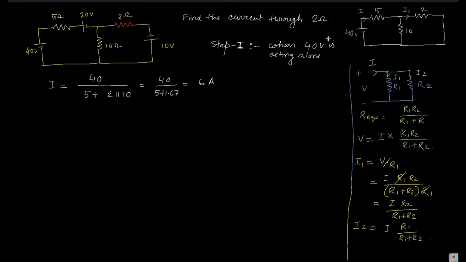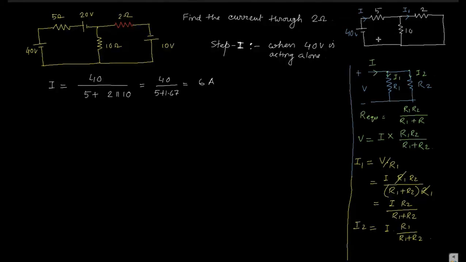So if in this circuit the 40 volt source is connected, then the current flowing through this circuit is 6 ampere. But what is the current I1 flowing through the 2 ohm resistance?